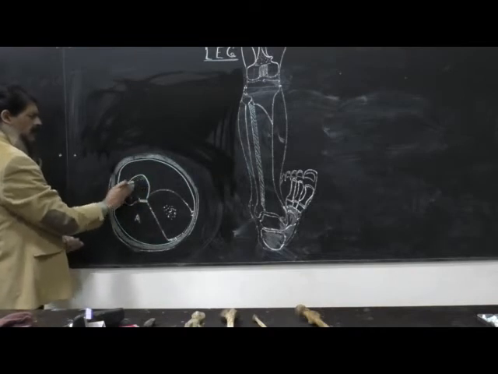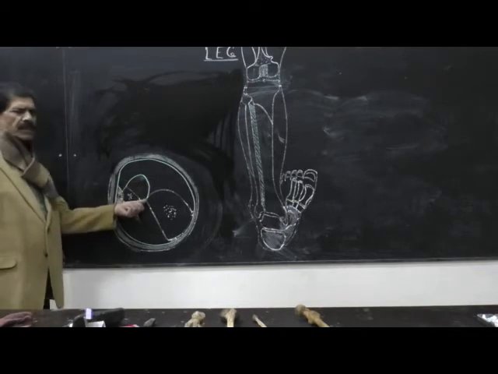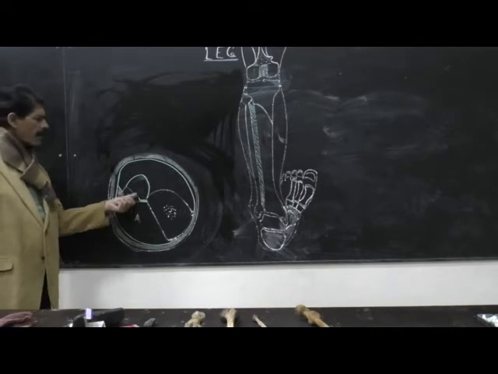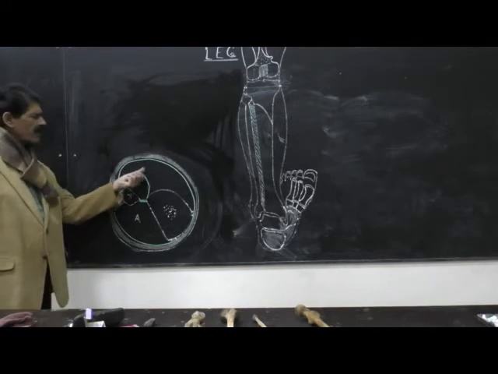So this longitudinal vertical septum is attached to the interosseous border of the tibia, plus it gets attached to the posterior border of the fibula, dividing into a superficial and the deep compartment.